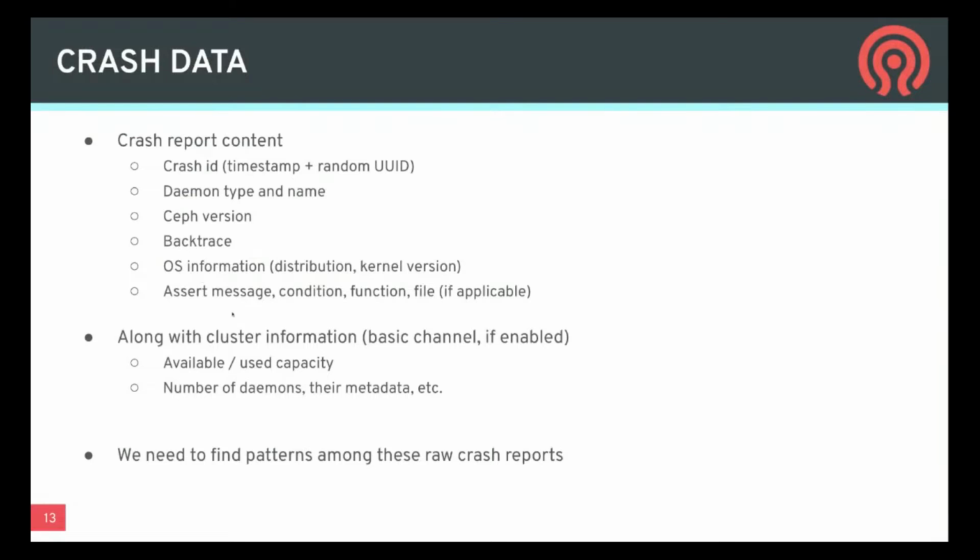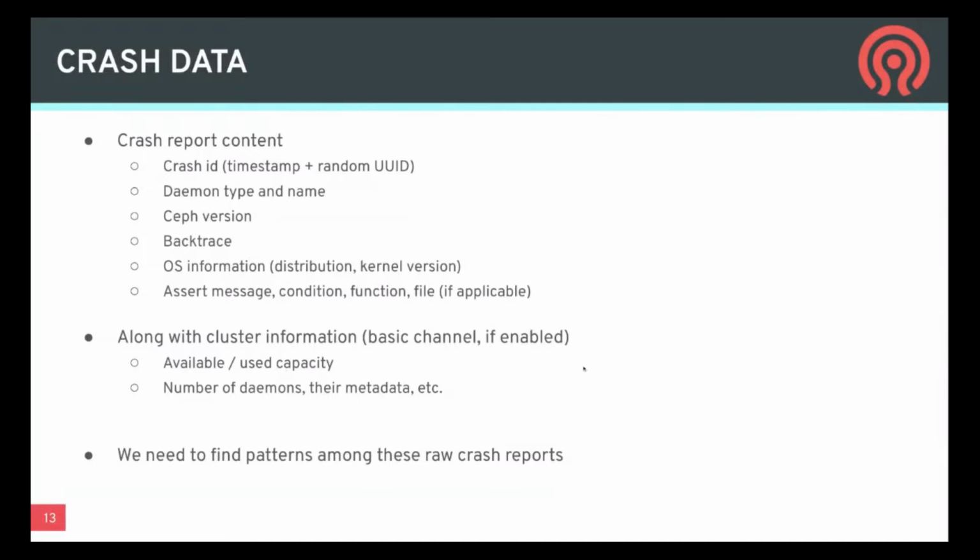If the crash happened due to an assert, we'll have this information as well. Now, in case the user has enabled the basic channel as well, or did not disable it, we'll have information about the cluster. So we can learn about the available and used capacity of the cluster at the time of the crash, the number of daemons, their metadata, and so on.